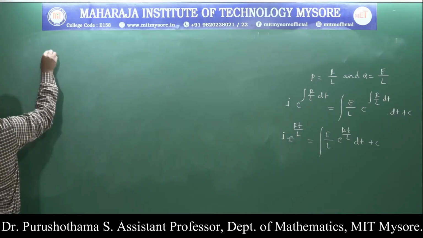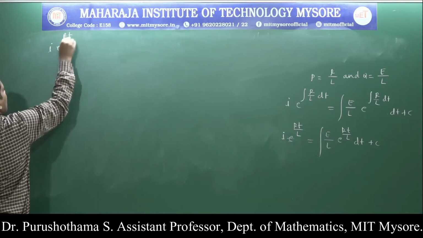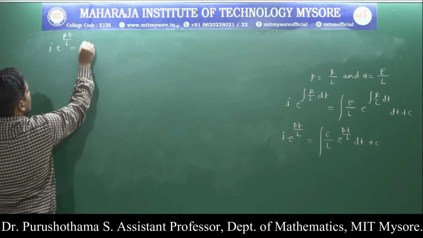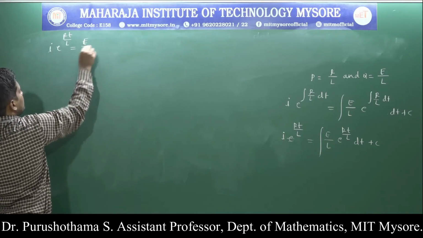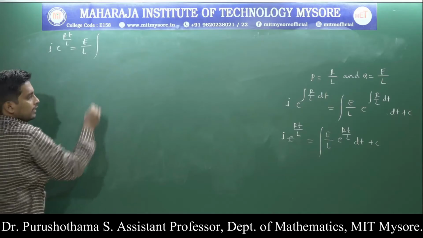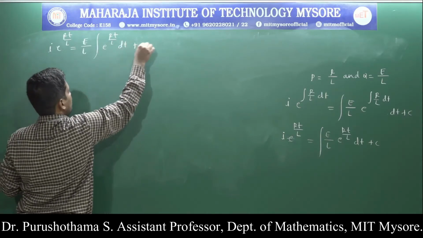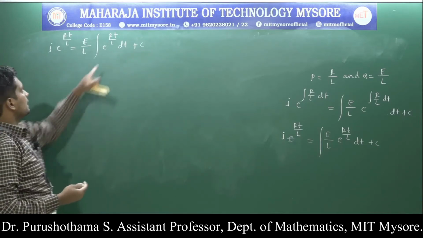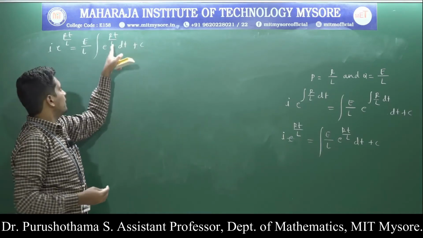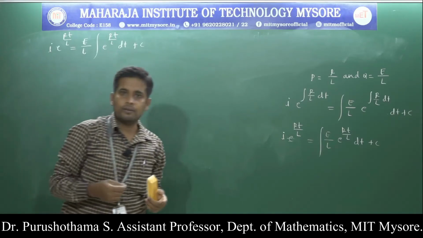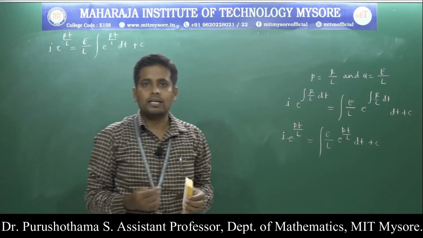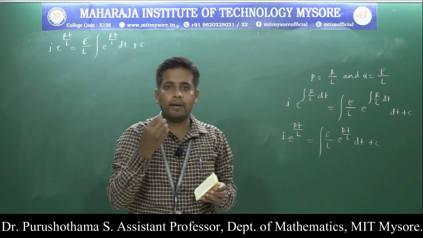So I into e power Rt by L is equal to E by L, which is constant, taken outside of the integral, and the remaining thing is e power Rt by L with respect to t, plus c. Now again integration of e power Rt by L. Generally we know that integration of e power at is equal to e power at divided by a.